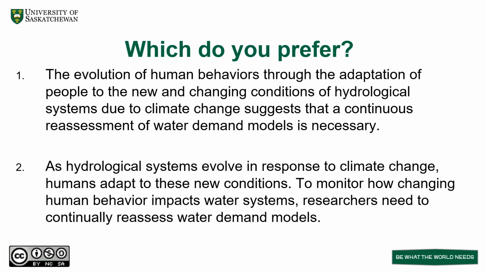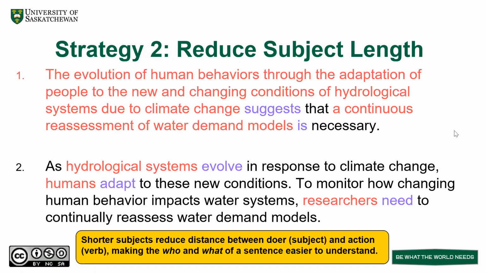So we're seeing here a couple of different issues. We have this distinction between passive and active voice, for instance. We have one really long sentence as opposed to multiple shorter sentences. But we're also seeing this issue with subject length.